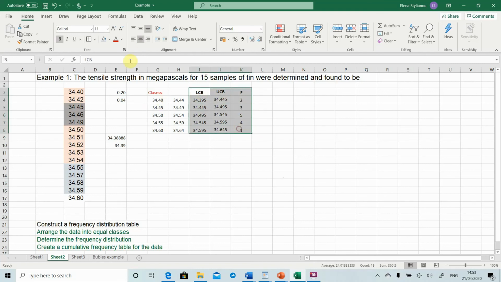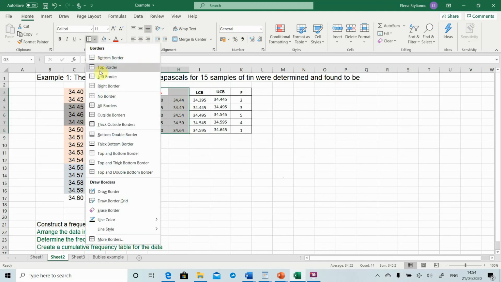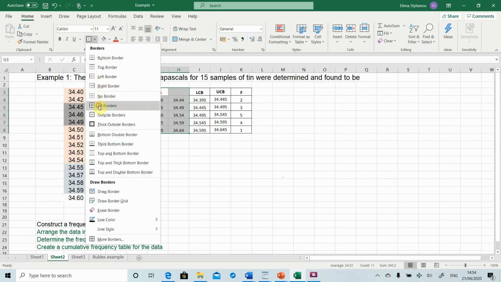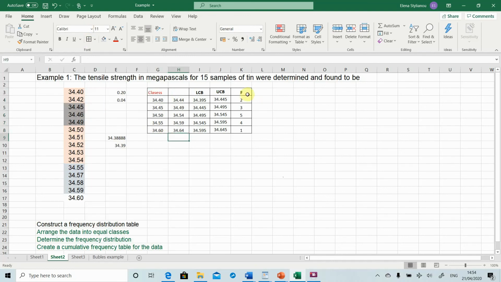If you want, you can make it nice and set up a table for your data, something like this. Okay, let's put the table: frequency.